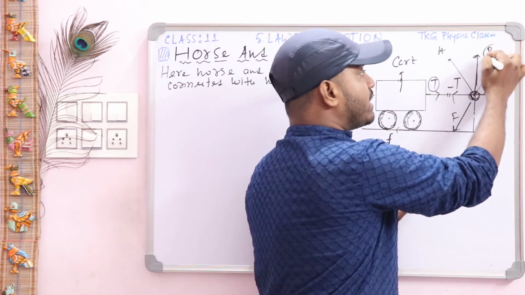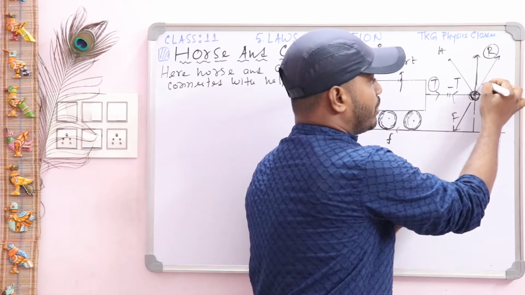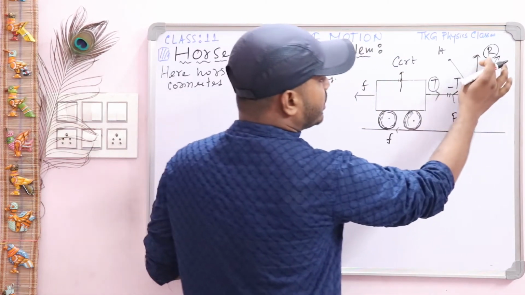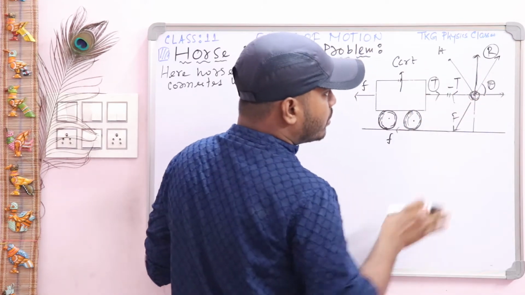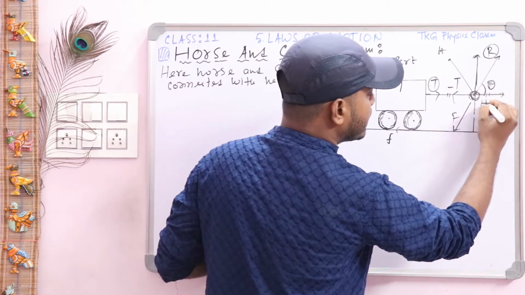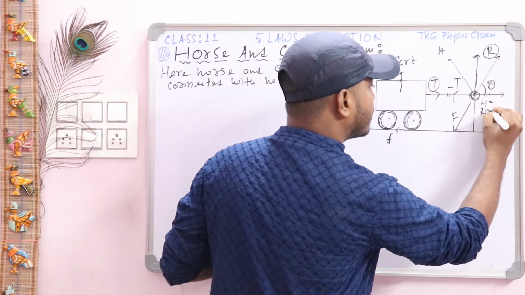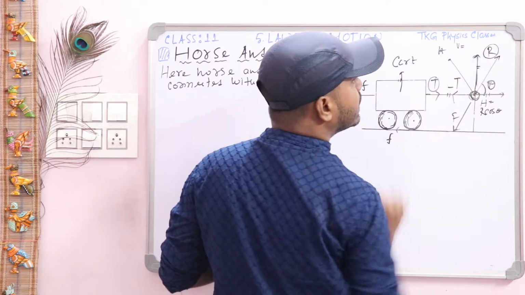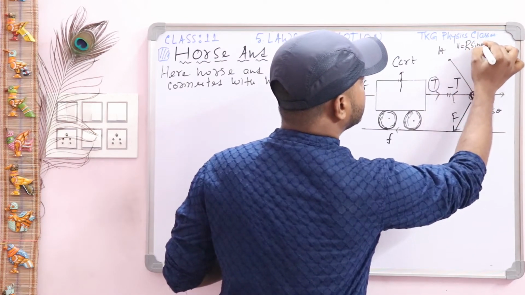Now suppose this reaction force makes an angle theta with the horizontal direction. So here R has two components. This component is known as the horizontal component, and you know the value, that is R cos theta, and this component is the vertical component, which is R sin theta.